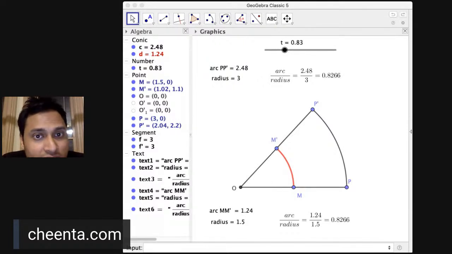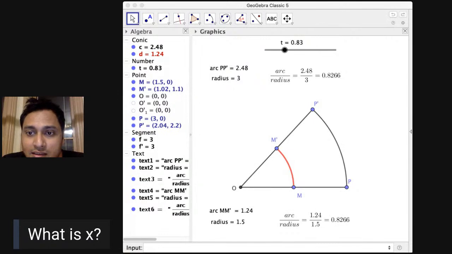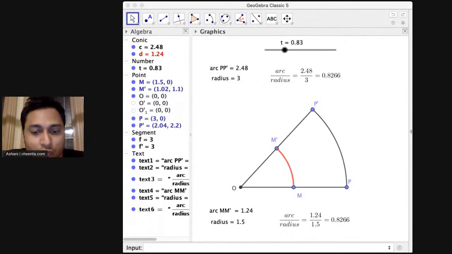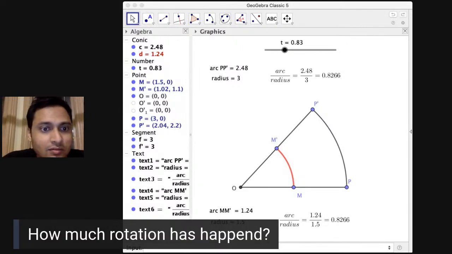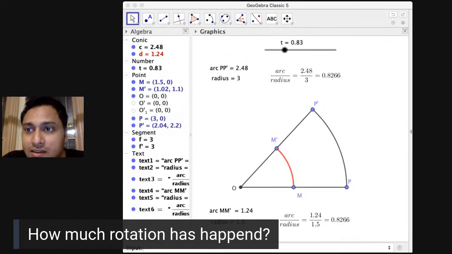So for this rotation, what is the value of this rotation? Let me ask you. So how much rotation has happened?